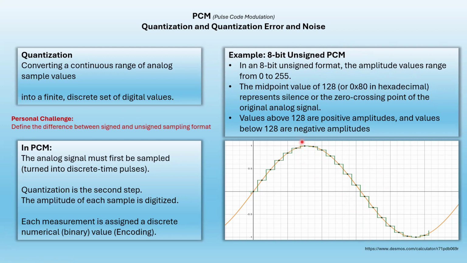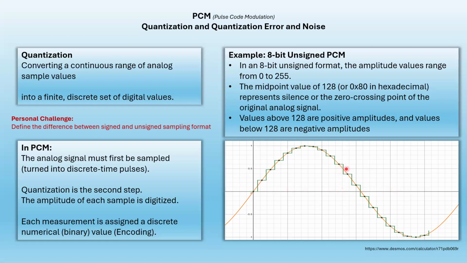Well, 256 actually, right? It's 256 values because 0 is actually something in the digital world. The midpoint is going to be 128, or 0x80 in hexadecimal, which represents silence. This would be the silence.